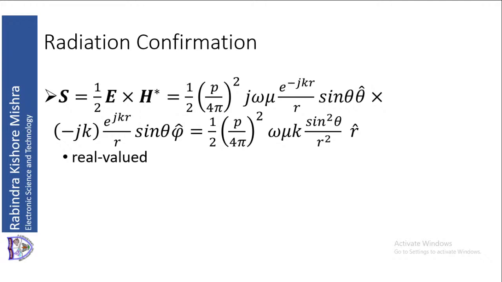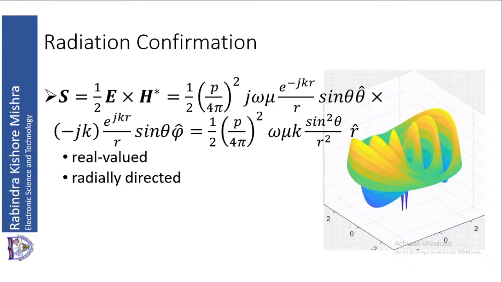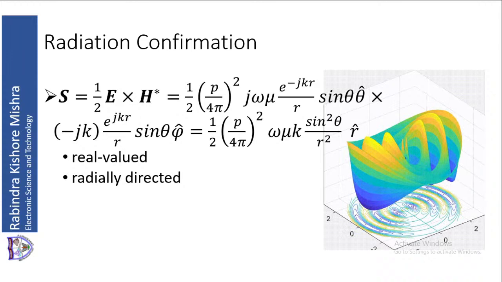So that is one conclusion that we draw. The second conclusion that we find is S is directed along the radial direction. So S is radially outward and S is real.